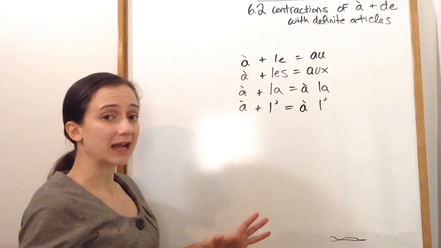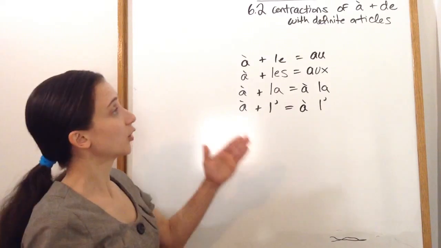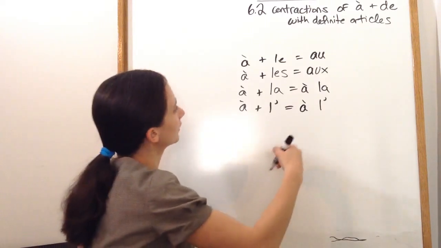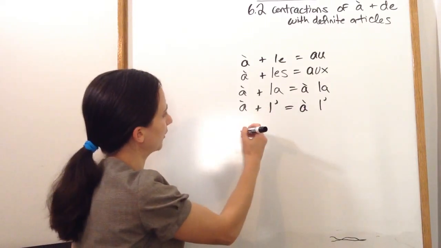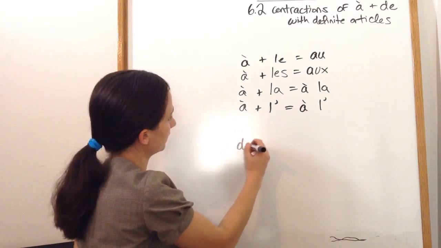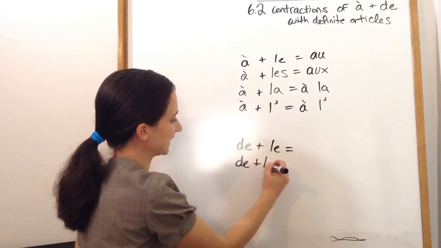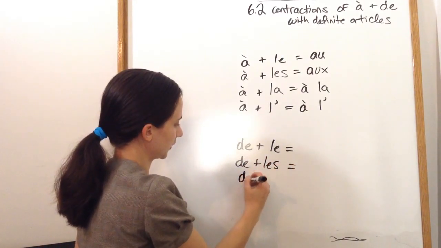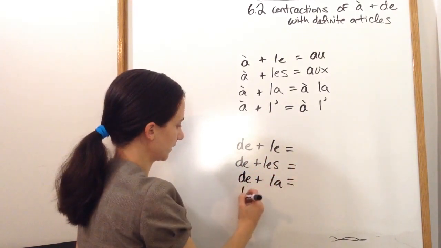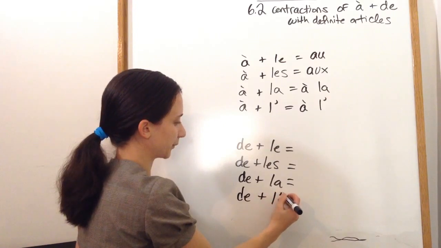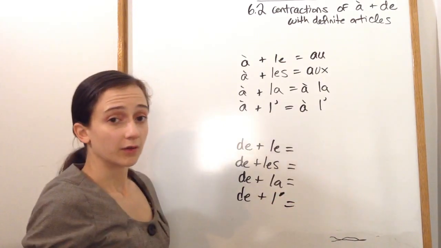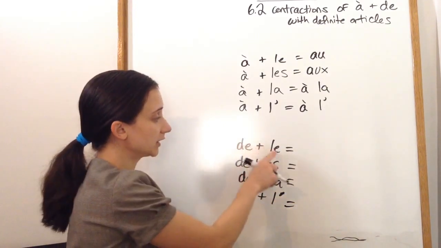Now let's look at something that works very similar, which is de. So I'll put it below as well. I'll just make some more room. De plus le, de plus les, de plus la, de plus apostrophe. So watch this pattern. We have de and le.